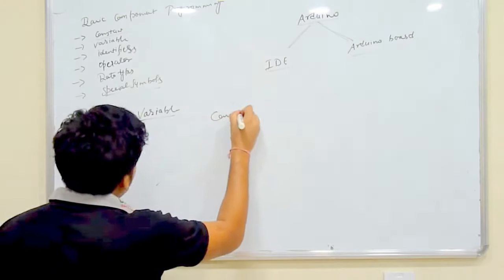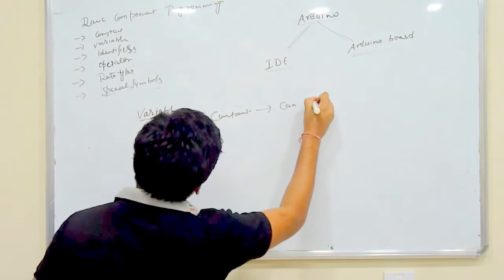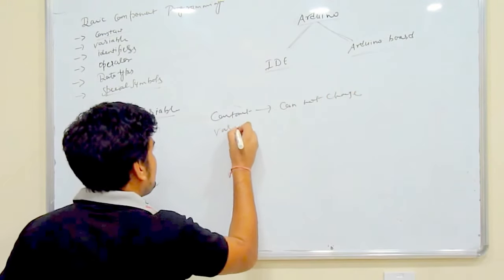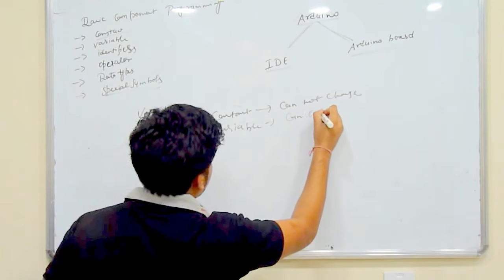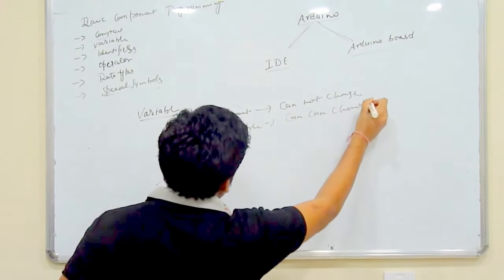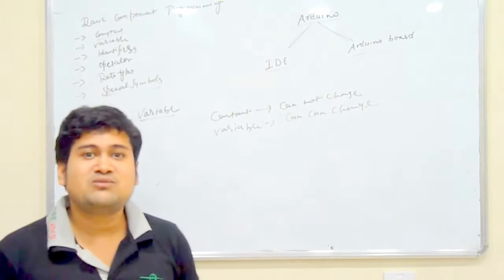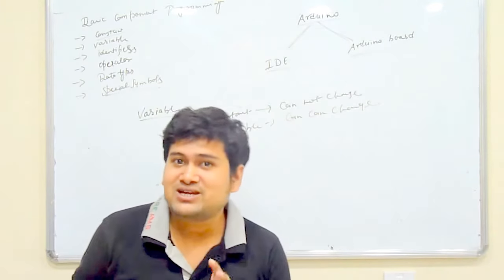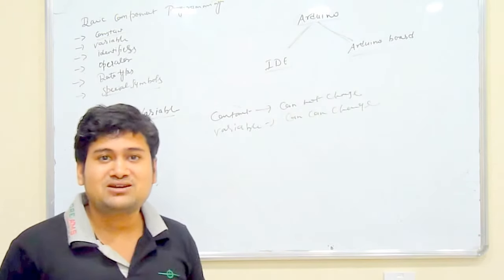Constant means the value cannot change, but a variable can change. Now in programming terminology, what is a variable? A variable is used to store data. The data can be of any type, either an integer, a floating value, a character, or string data.